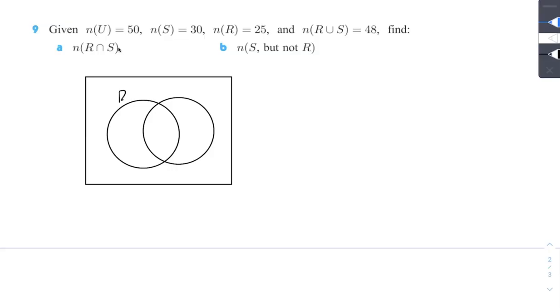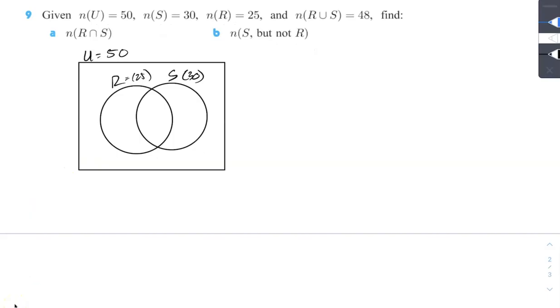So we have R, we have S, we have our universe, which is 50. So our universe is 50, R is 25, and S is 30. And I want to find the intersection.